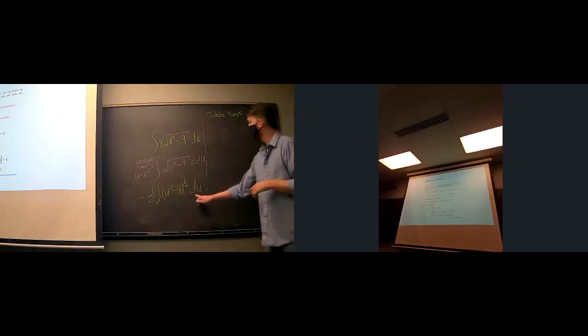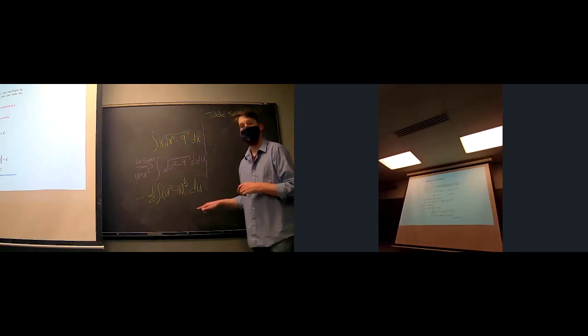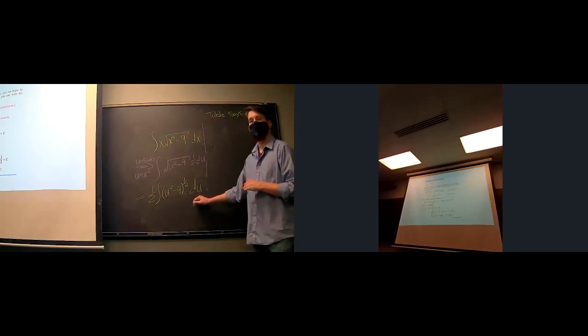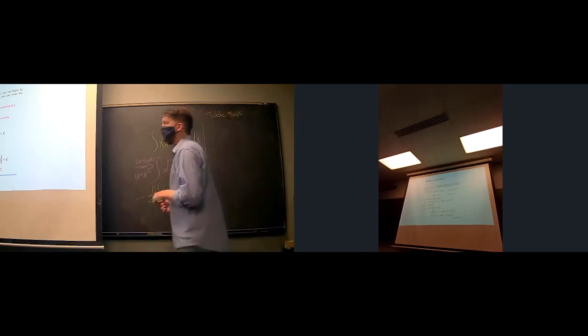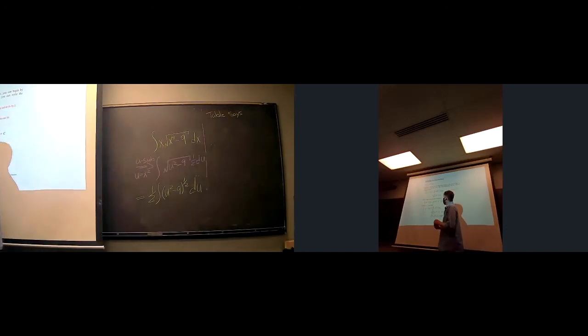So now we come to the table and we say, all right, we've got everything as simple as we're going to get it. There's nothing else we can do here to make this any prettier. So let's go to our table.